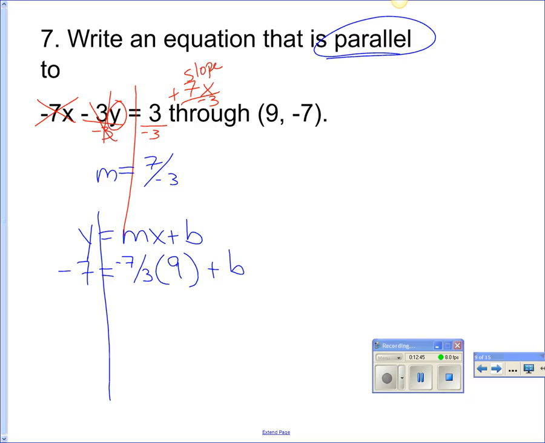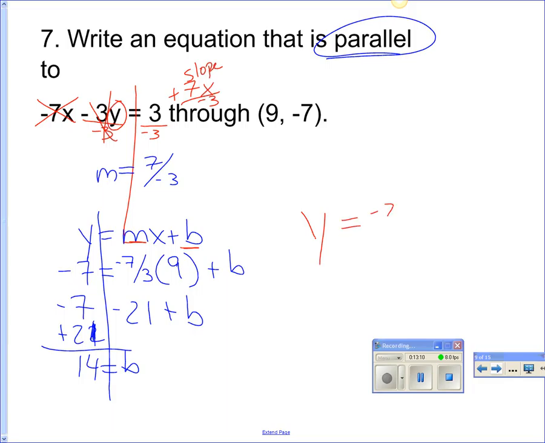Is it 21? All right. And then, Zach, what do I do next? Okay. Oops, 21. All right, you get positive 14. And Zach, help me with one more step, write the final answer with your m and your b. It'd be y equals what? Yep. X plus 14. Good.